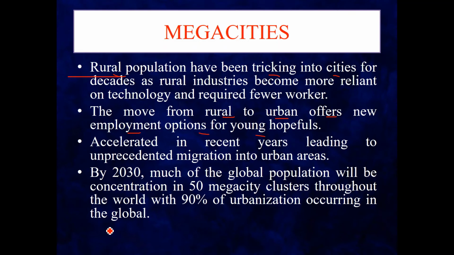This will accelerate, leading to unpredicted migration into urban areas. By 2020, much of the global population will be centered in 50 megacities clustered throughout the world, with 90% of urbanization occurring in the developing world. Meaning 50% of the population will be in megacities, right?